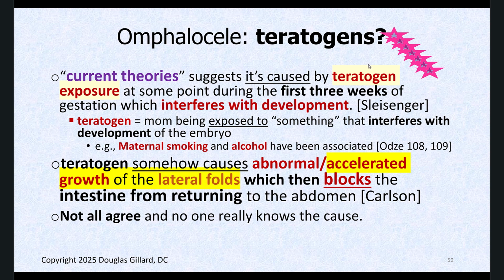And it goes back to teratogens: cigarette smoking, mom getting exposed to secondhand smoke, or heaven forbid mom smoking or drinking or doing drugs. There's all kinds of environmental toxins that are teratogens. So somehow that accelerates the lateral growth and it blocks the return.